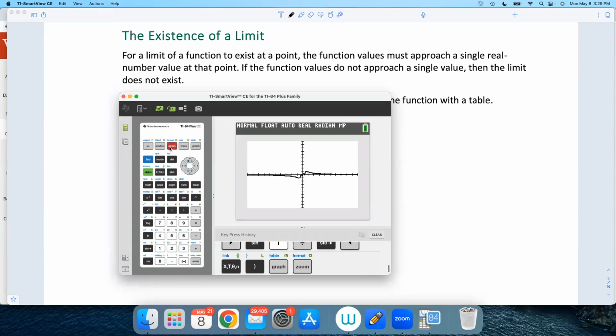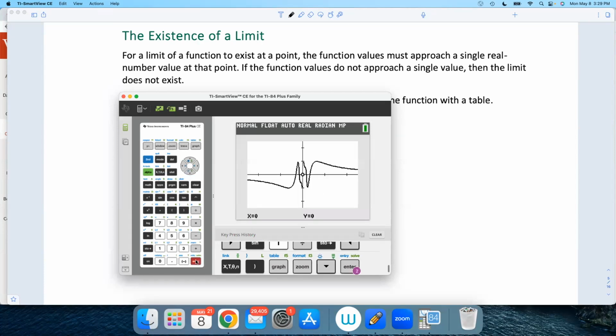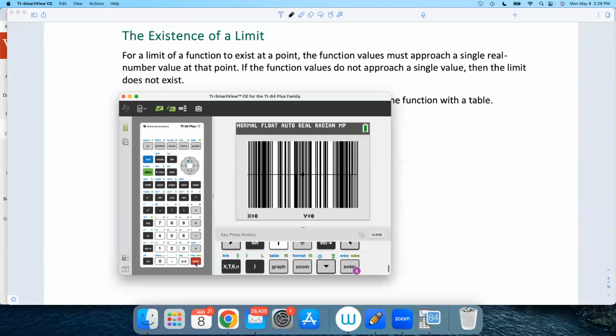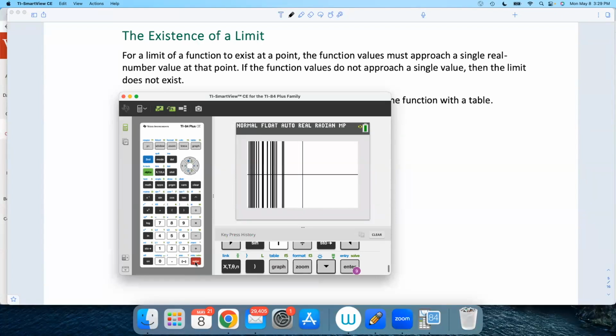As you zoom in, see it's oscillating, it's going to keep going faster and faster and faster. And the more you zoom in, the closer and closer these are getting. So it doesn't even make sense to look at the graph and ask, where is the graph approaching? As you get closer and closer to x equals 0, you oscillate up and down faster and faster.